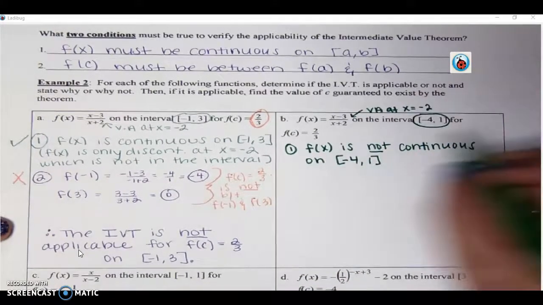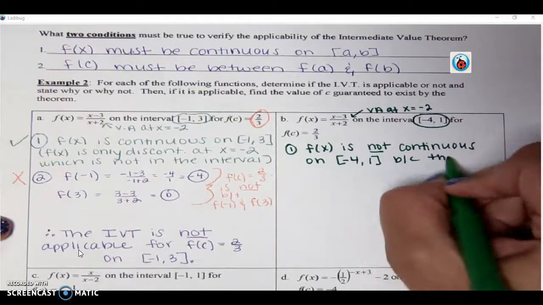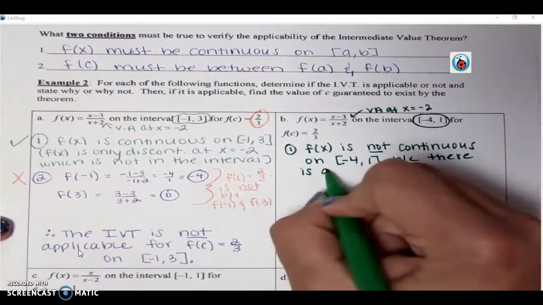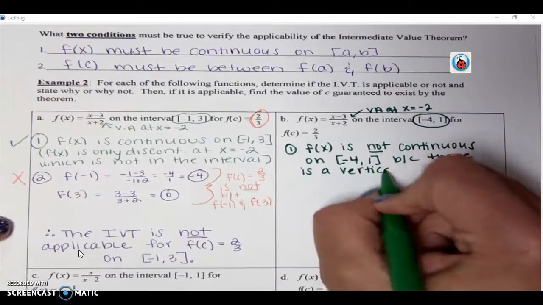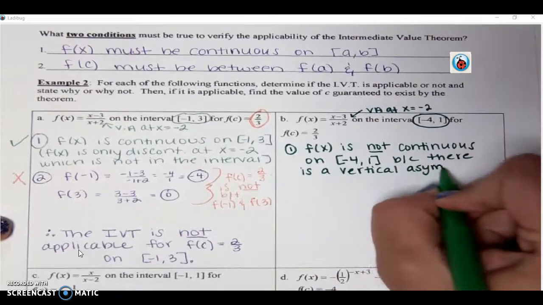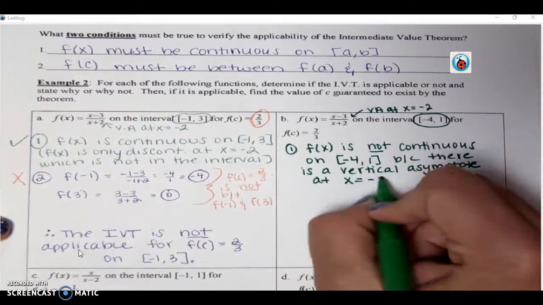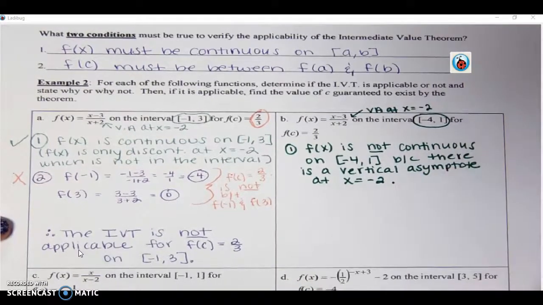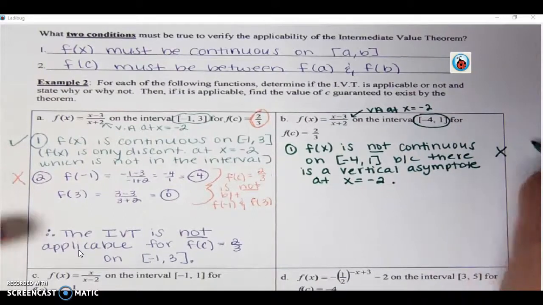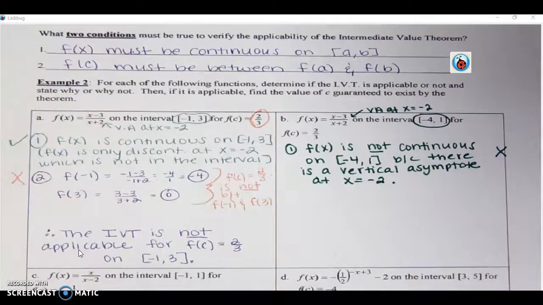And we would have to give a reason. We would say because there is a vertical asymptote at x equals -2. Well, number 1 didn't work, so we stop. We don't even have to check number 2, and we just make a statement.